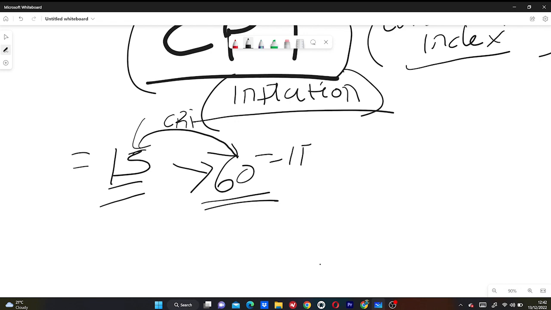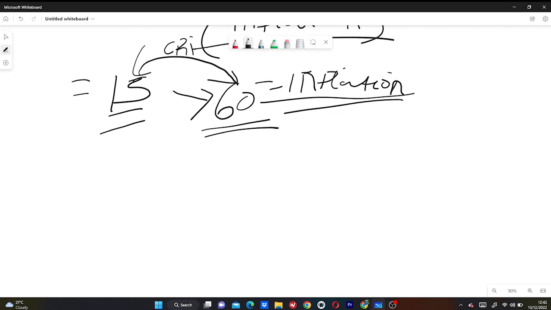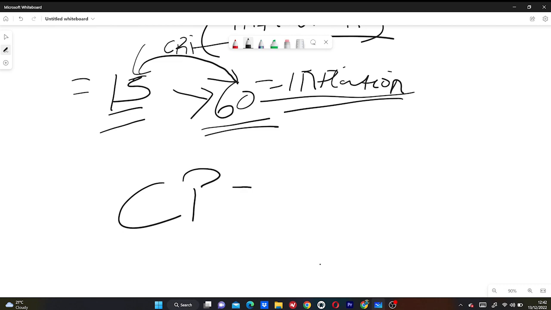The reason you buy the same product but with a higher amount of money, that is what we call inflation. And how do you calculate the CPI?